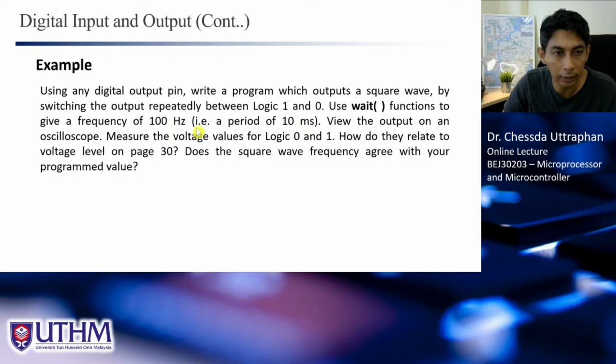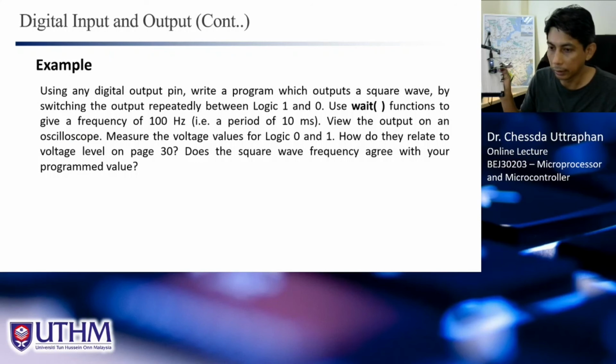So 100 Hz is period of 10 millisecond. View the output on an oscilloscope. Of course, you don't have oscilloscope, but I have one here. Yeah, this is my oscilloscope. Yeah, and I will show you the output later on.